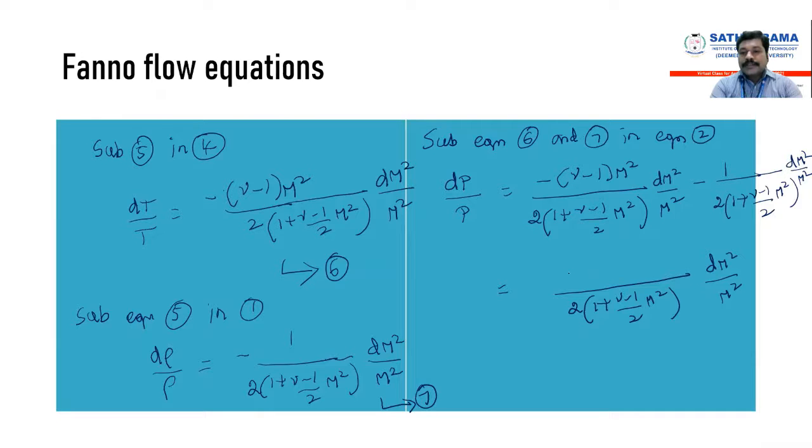So on simplifying this, we have gamma minus of gamma minus 1 into M square. We just multiply this value with this equation. So what we get?